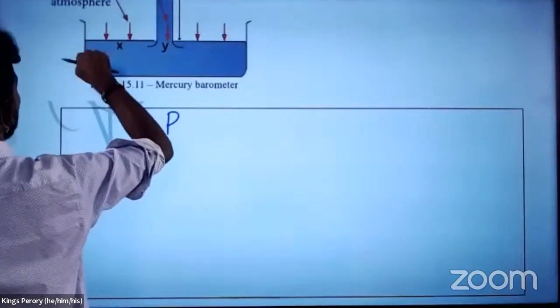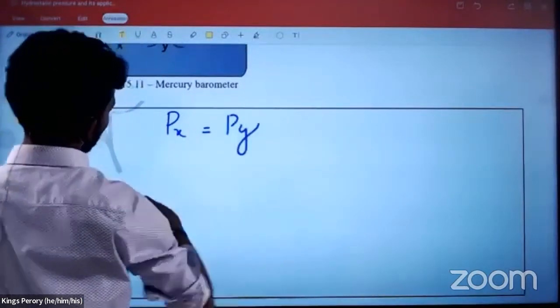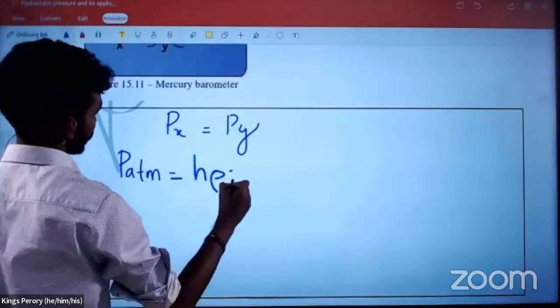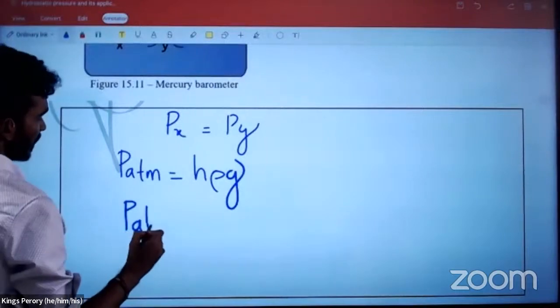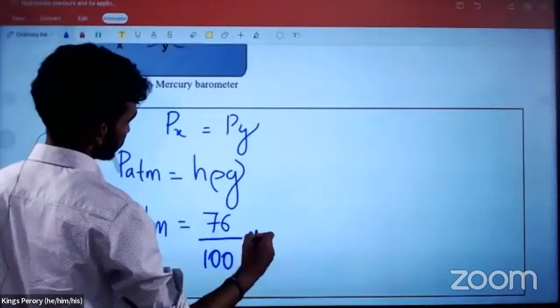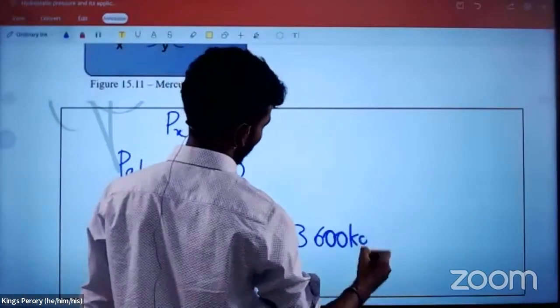Px equals Py. Px is due to atmospheric pressure, Py is the H rho G pressure. P atm is equal to 76 centimeters converted into meters, multiplied by 13,600 kilogram per cubic meter.